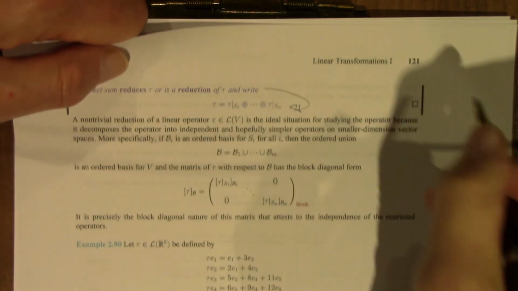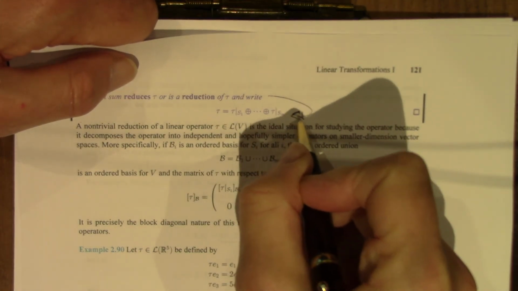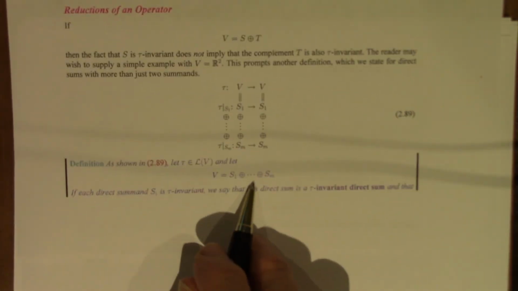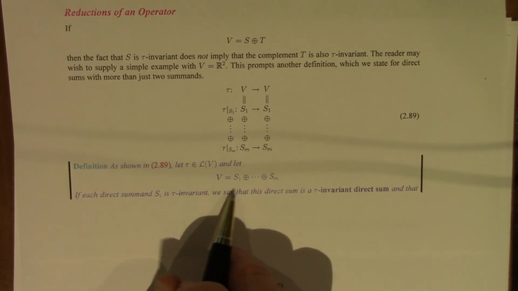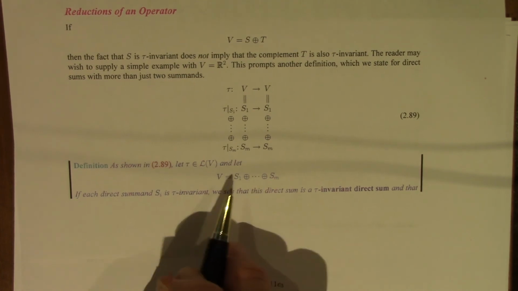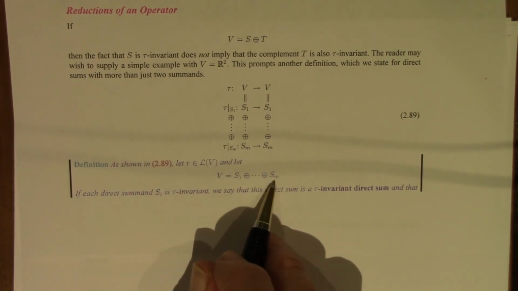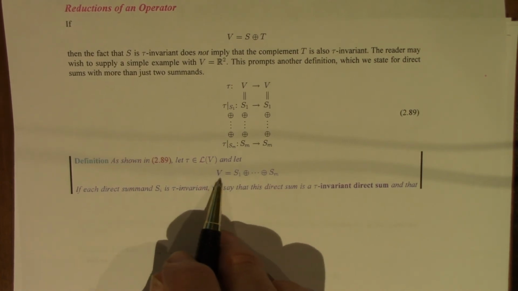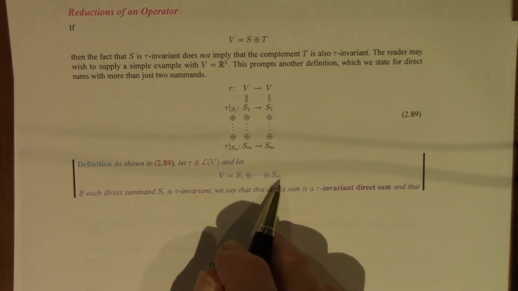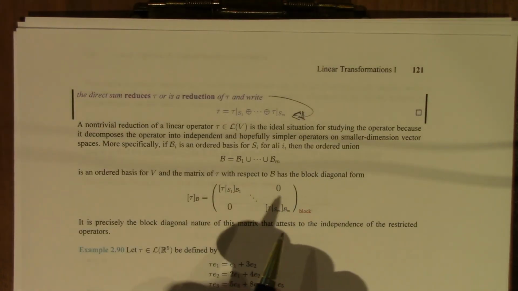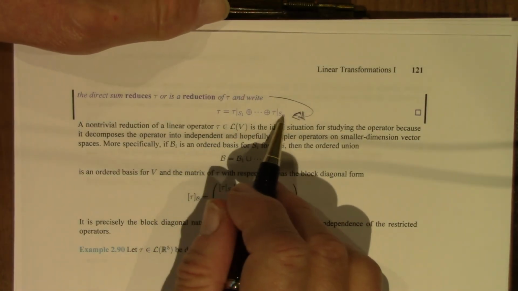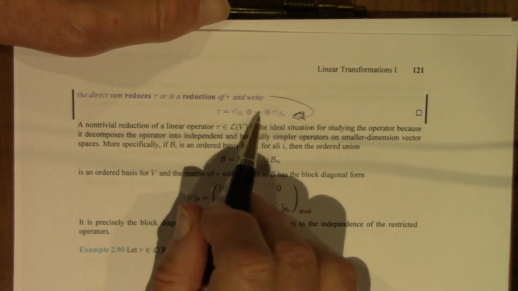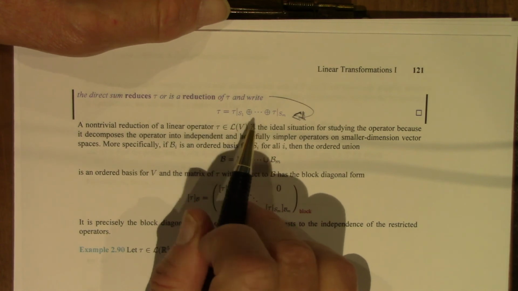So if this direct sum is tau invariant, if each of the subspaces is tau invariant, we say that this direct sum of the domain of tau reduces tau. And we'll say that this sum is a reduction of tau.